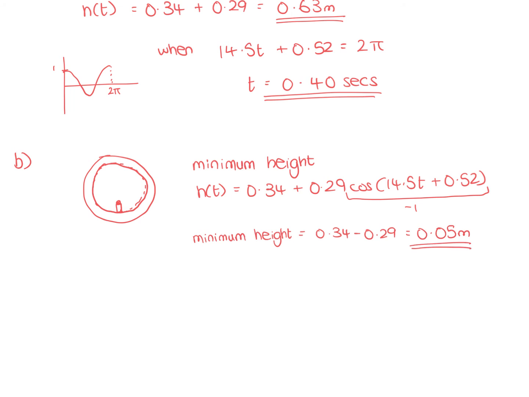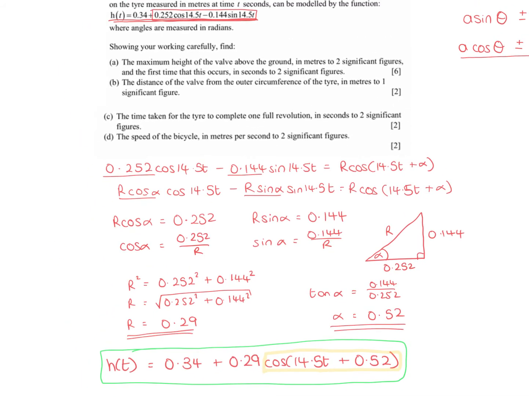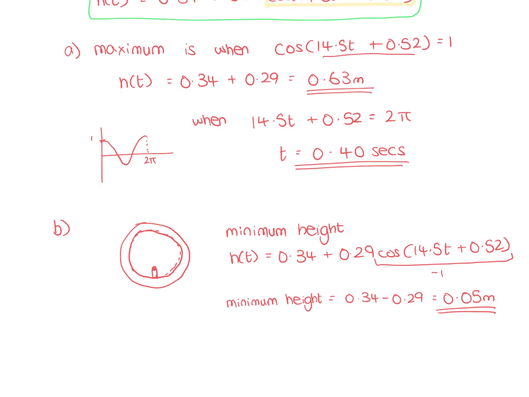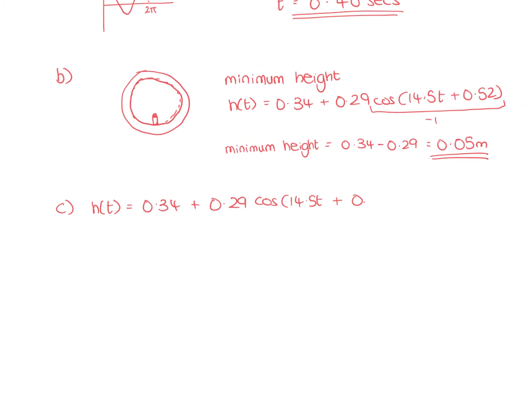Okay, part C then asks us, let's have a look. The time taken for the tyre to complete one full revolution in seconds to two significant figures. So the time it would take to go round once. So just remember again that your function for this is 0.34 plus 0.29 cos of 14.5t plus 0.52.